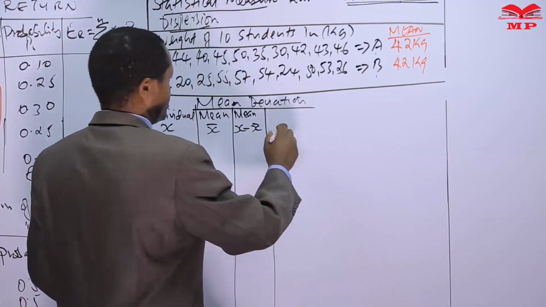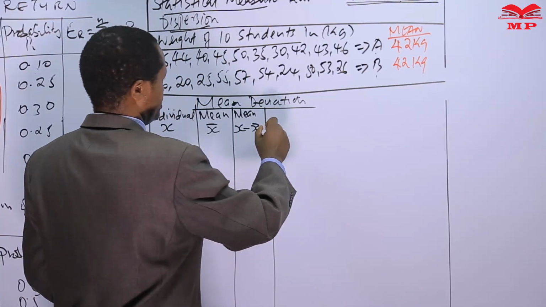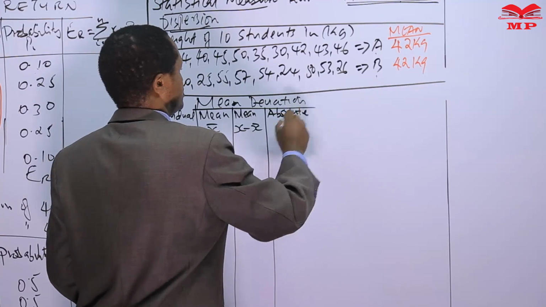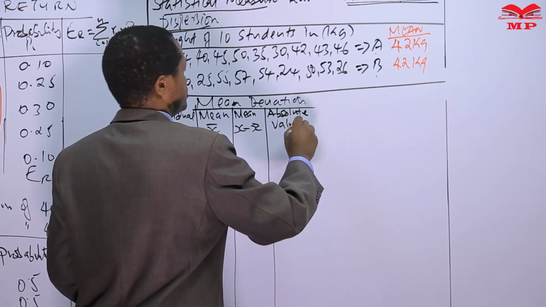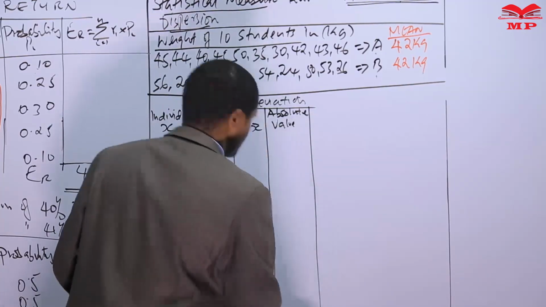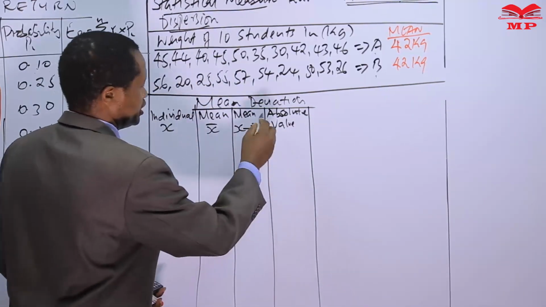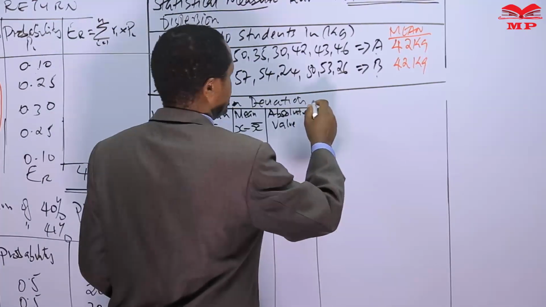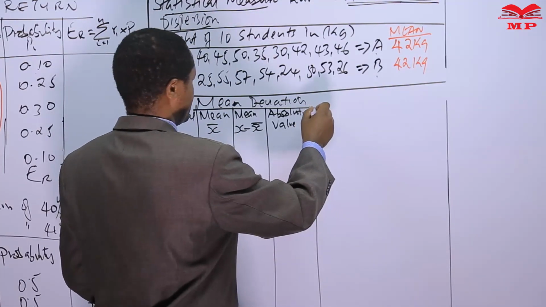We'll also have here the absolute values. We take the absolute values. After deviation, we will ignore the negative sign.